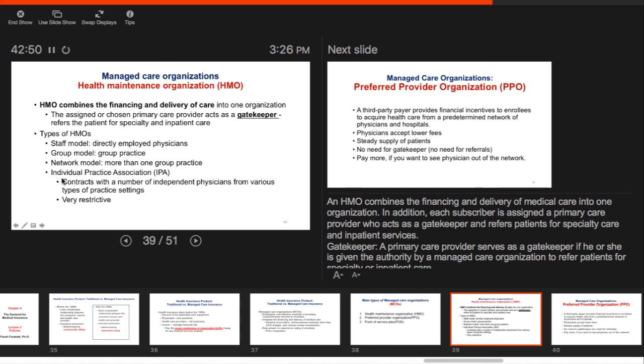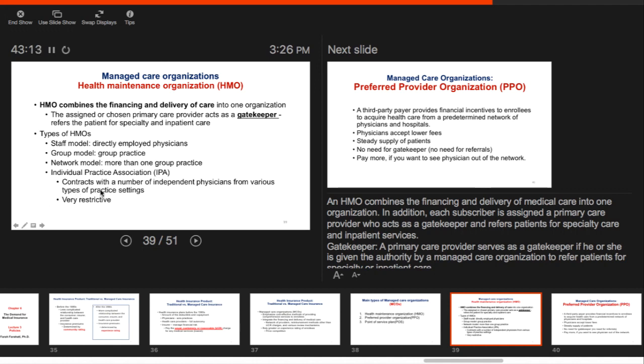The fourth type of HMO is the individual practice association, the same thing. They are employed by the HMOs and are paid by the number of patients they're treating, based on capitation, not by fee for service.